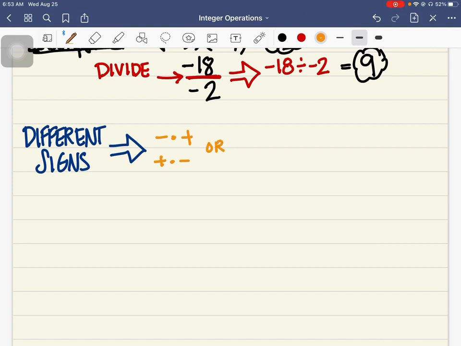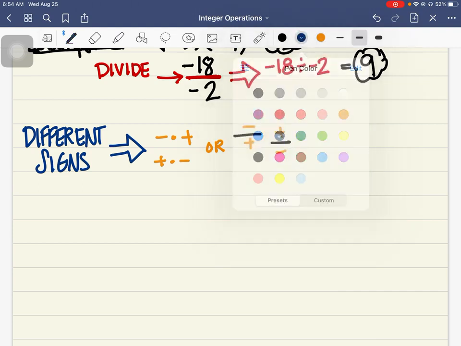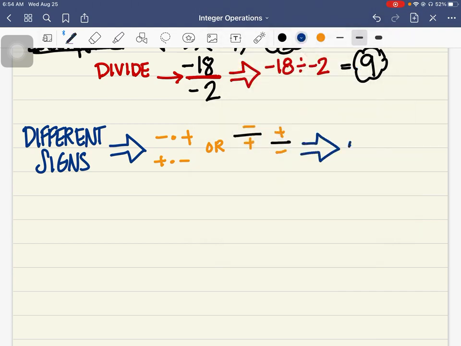Or we could have a negative divided by a positive, or a positive divided by a negative. If they have different signs, one's positive and one's negative, then our answer is negative.